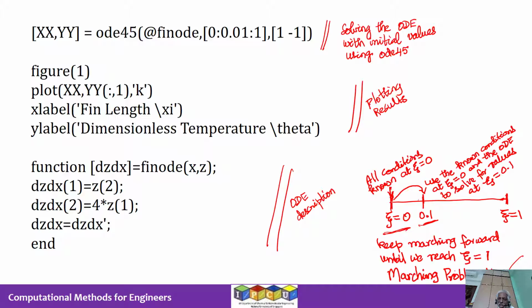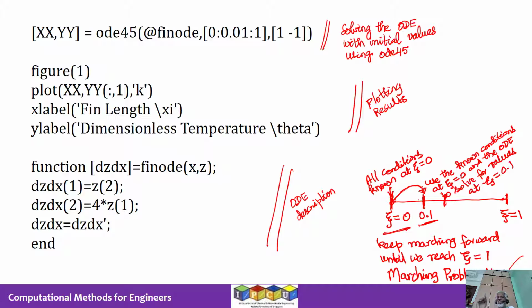Once I do that, I can use the values at psi equal to 0.1 to find theta and d theta by d psi at psi equal to 0.2, and so on until I reach psi equal to 1. So this is what is called a marching problem.